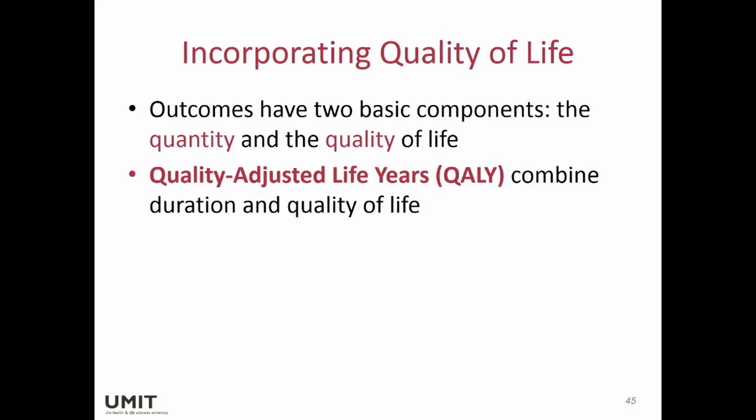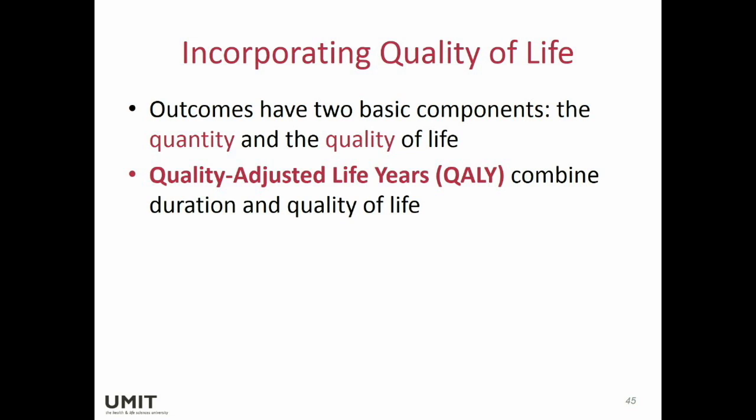And basically, what we would like to have in the end is a combination of the quantity, the duration of life, and the quality of life. In some more complicated situations, you have to go through chemotherapy, and your quality of life is heavily reduced, but you do that because afterwards you gain. If you don't take the chemotherapy, the first years are better, but then you have a shorter life.